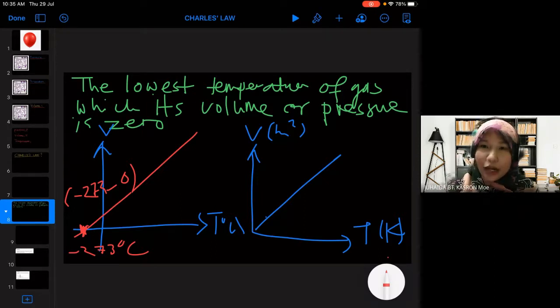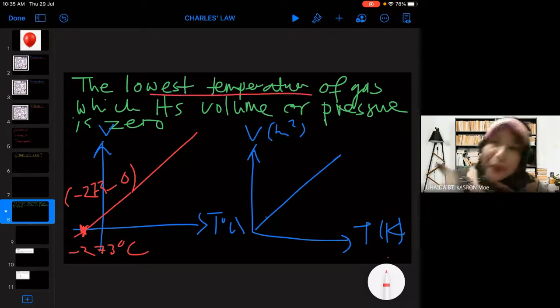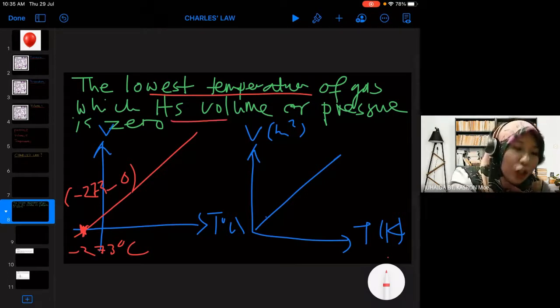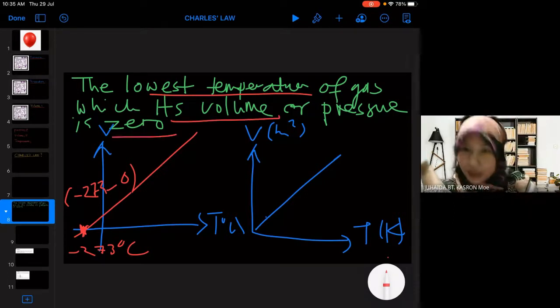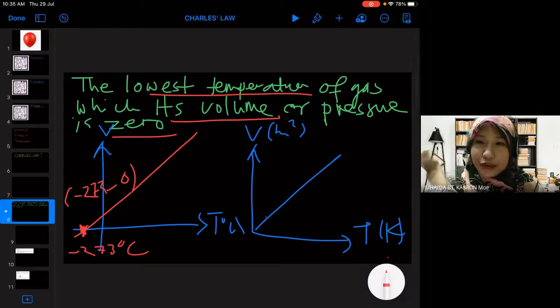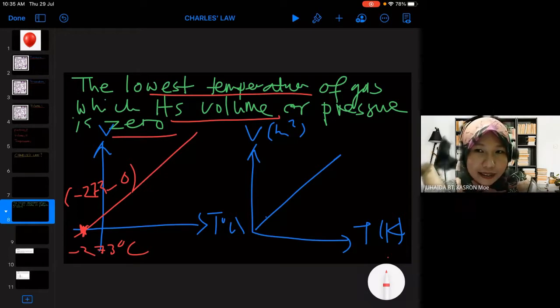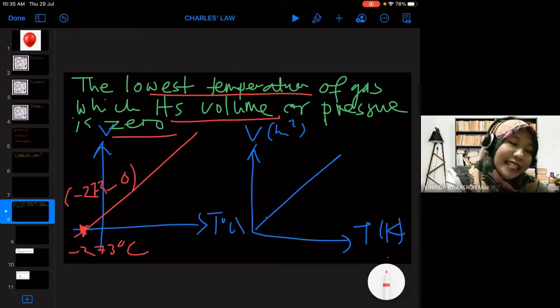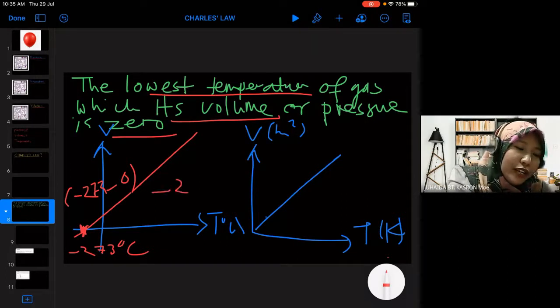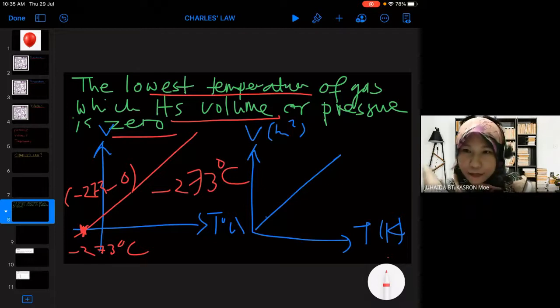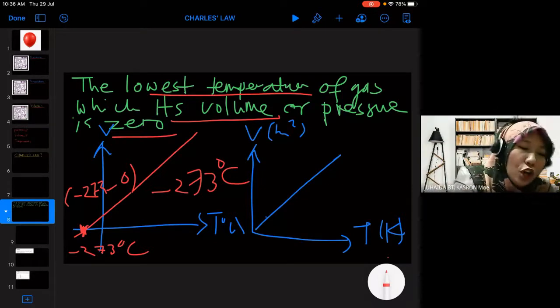So the absolute temperature is the lowest temperature of the gas, at which its volume is 0. Clear? So this negative 273 degrees Celsius is also known as 0 Kelvin.